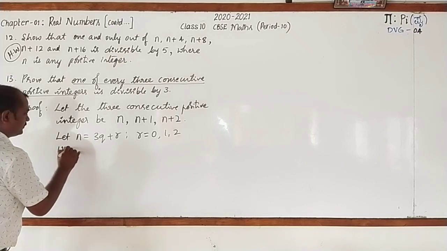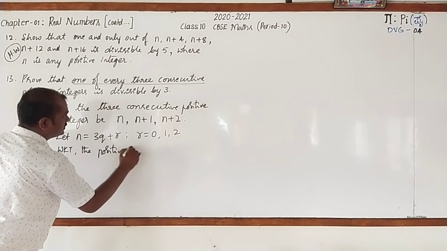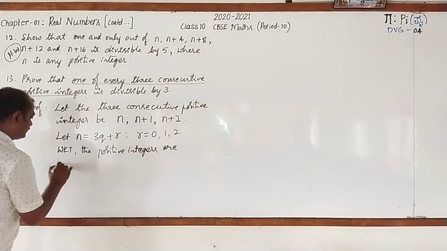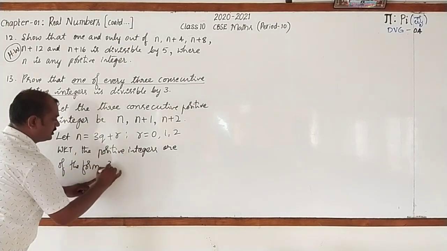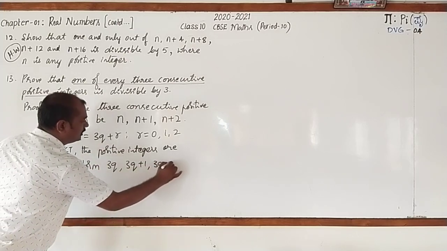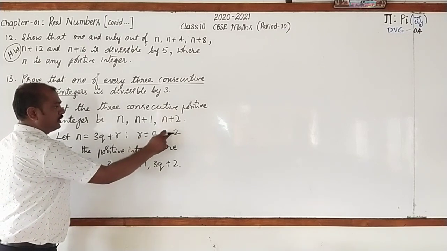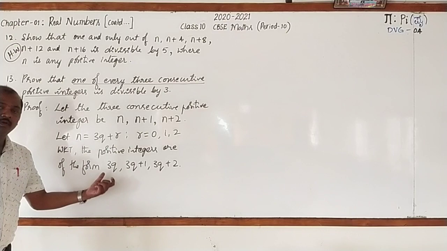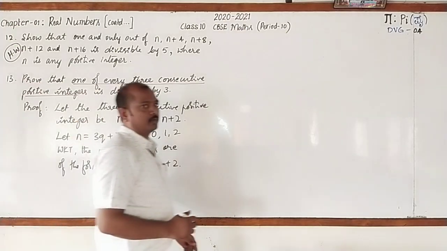We know that the positive integers are of the form 3q or 3q plus 1 or 3q plus 2, right? I have just substituted 0, 1 and 2 in place of r. Then how many cases do we come across? 3 cases. Let's go one by one.